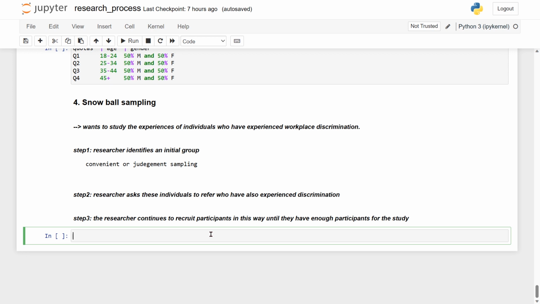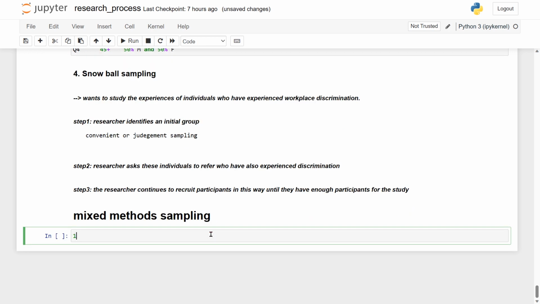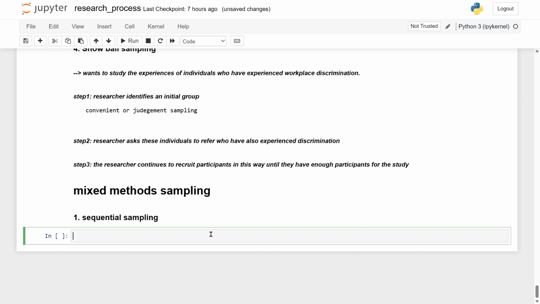So the next one we have is mixed methods sampling. The first one out of this is sequential sampling. So let's take one example. Suppose a company produces a large number of light bulbs and wants to ensure that each bulb meets a certain level of brightness.